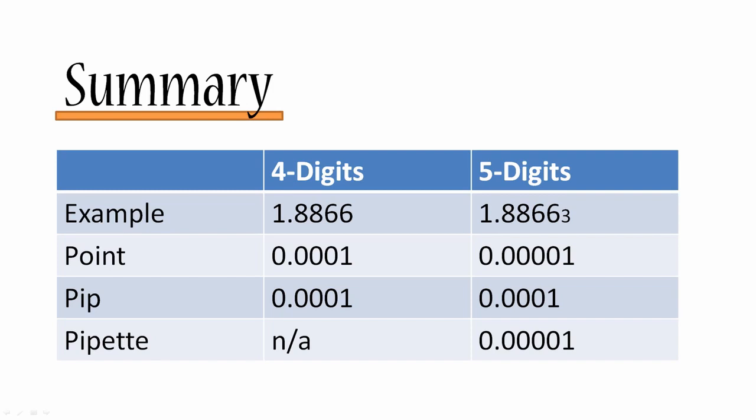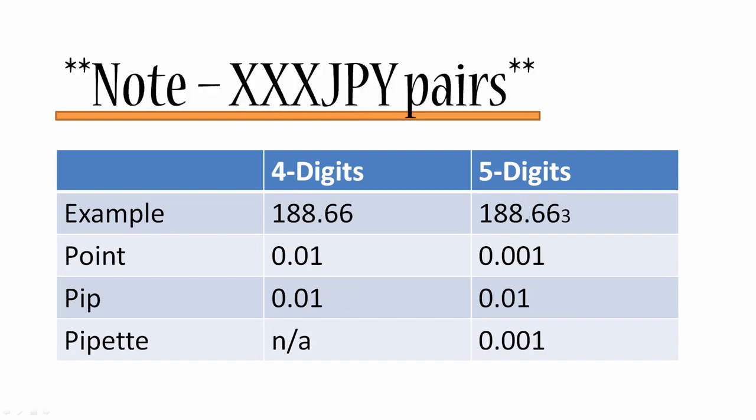So if you come across a forum where perhaps even everybody uses them wrong and confuses pip and point or something like that, well, then you either have to re-educate those people or adjust to their style. But just keep in mind that the majority of traders around the world will talk about these things in exactly this way. And before we finish up, a quick note on Japanese currency pairs, as promised.